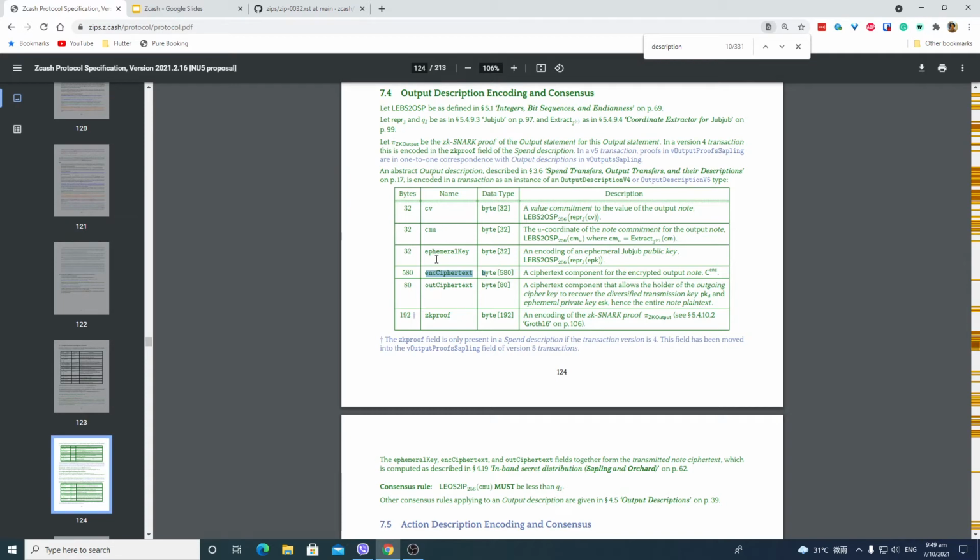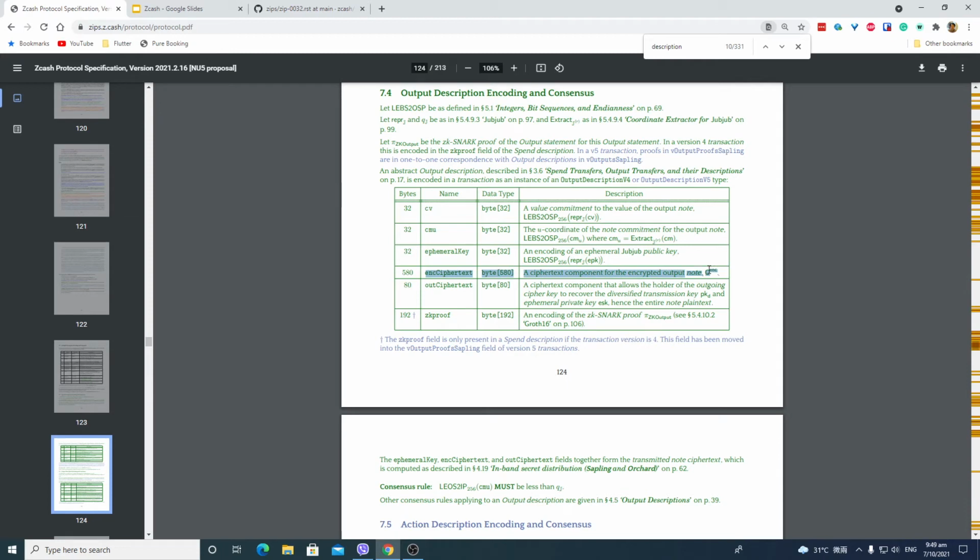You can derive the encryption key used here, and obviously when the sender creates the payment to you, he knows what encryption key he has used to create this part.